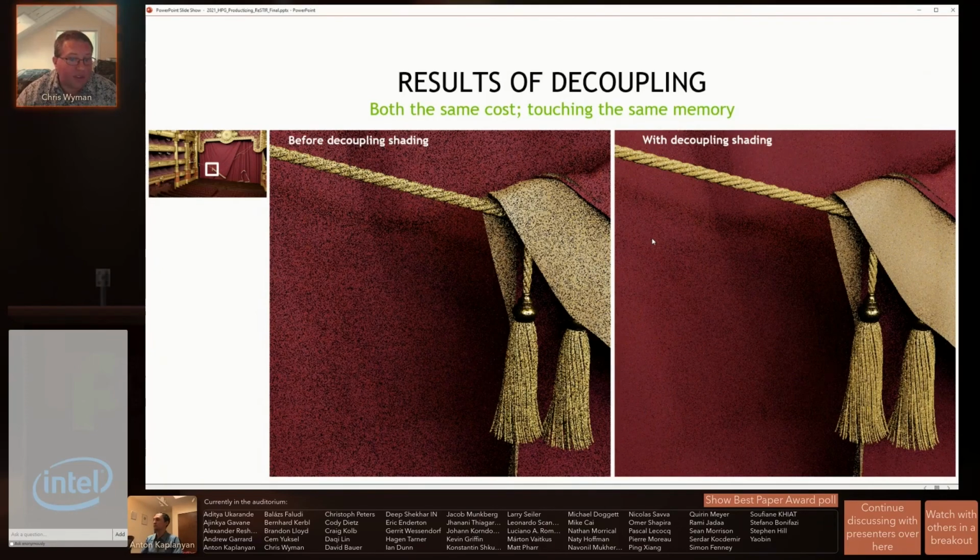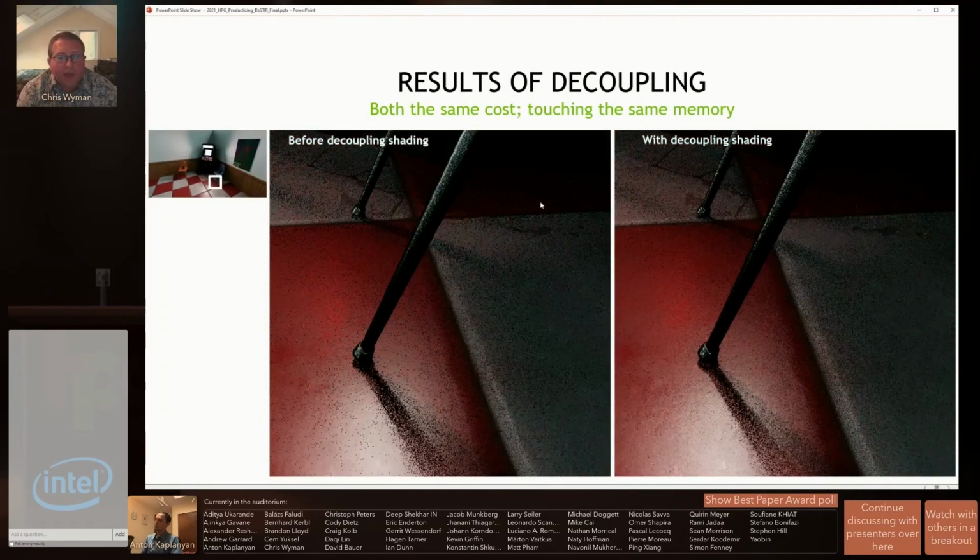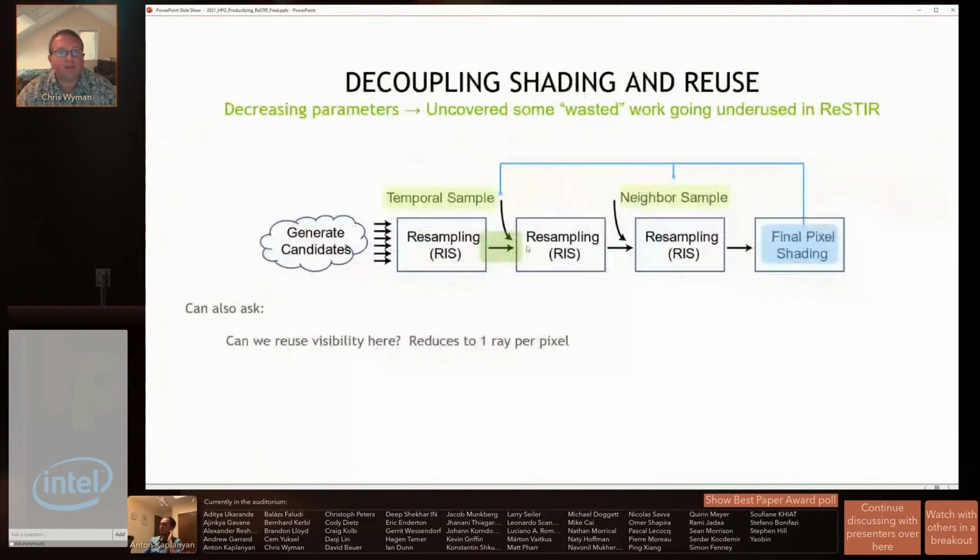And so you don't have these occasional samples where you happen to pick a light that would be occluded for this pixel. And here's a simpler scene, this arcade. Again, you can see the black salt and pepper noise largely goes away, say, on the floor here. And again, both have the same cost, touching the same memory.